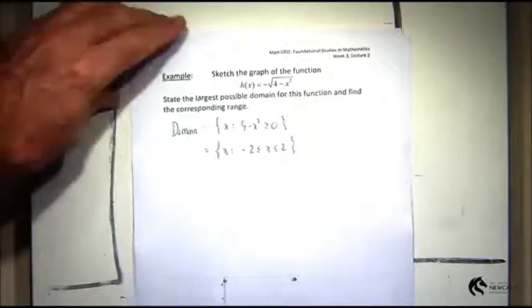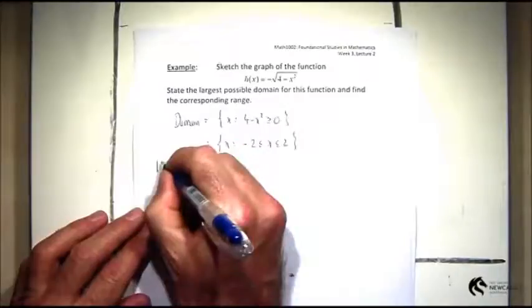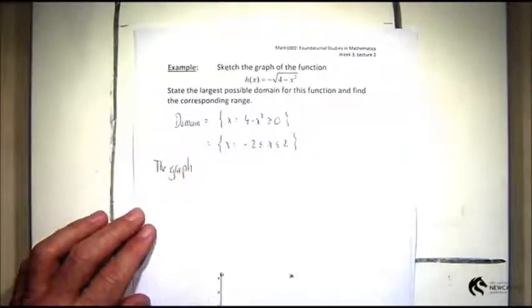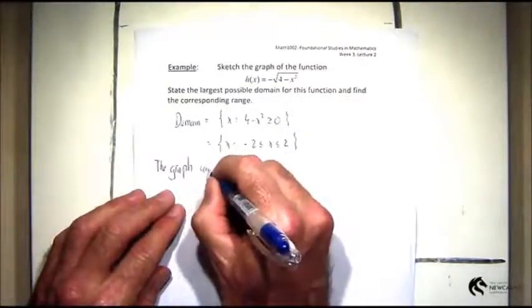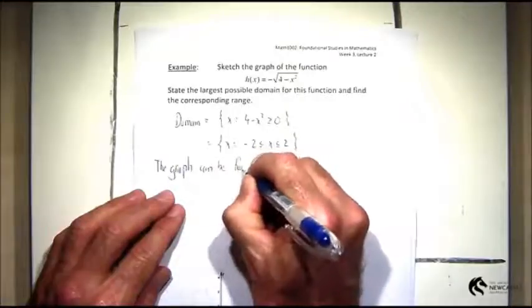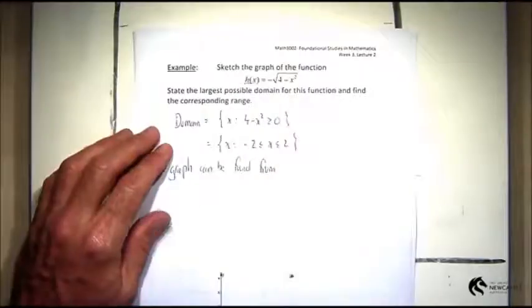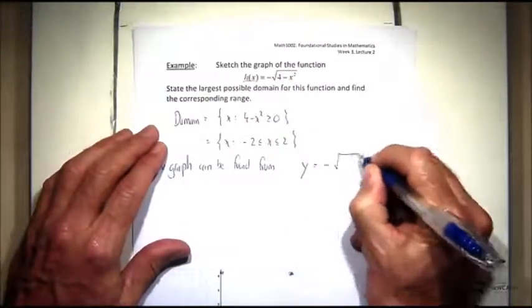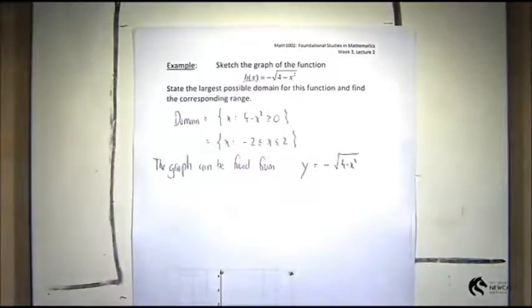To look at the graph, it asks us to sketch the graph anyway, so we needed to do this. So the graph can be found from, instead of having h of x, I'm just going to put y. I'm going to say y is equal to minus the square root of 4 minus x squared. In this case, that doesn't look like anything much.